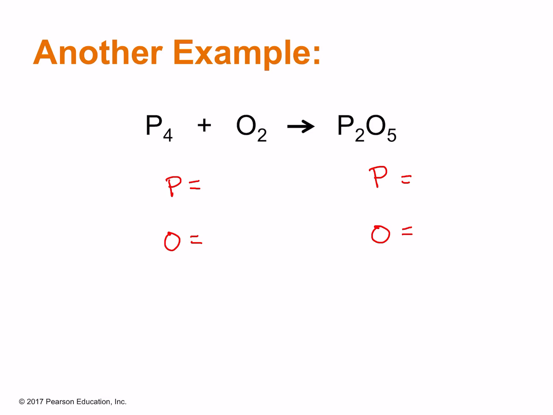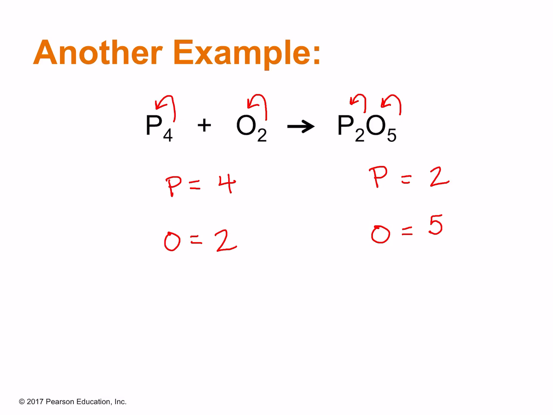So on the left, we have 4 phosphorus, and then we have 2 oxygen. And on the right, we have 2 phosphorus, and we have 5 oxygens. So we're not balanced even a little bit. Nothing's balanced. So we need to start putting numbers in the front so that they will equal each other.